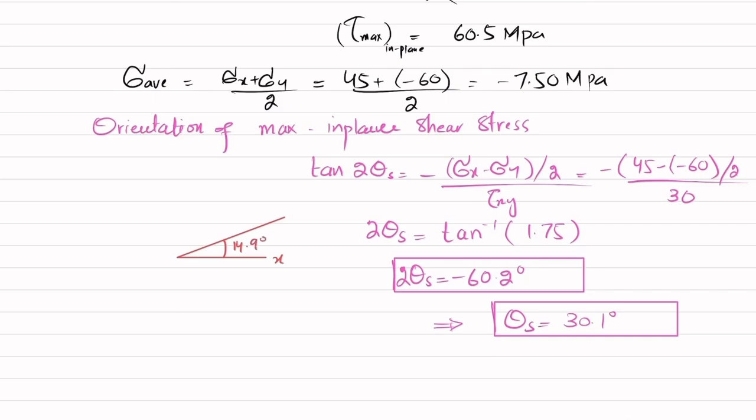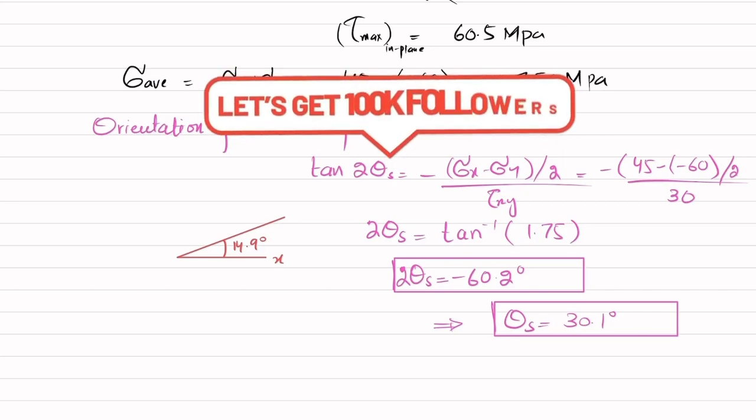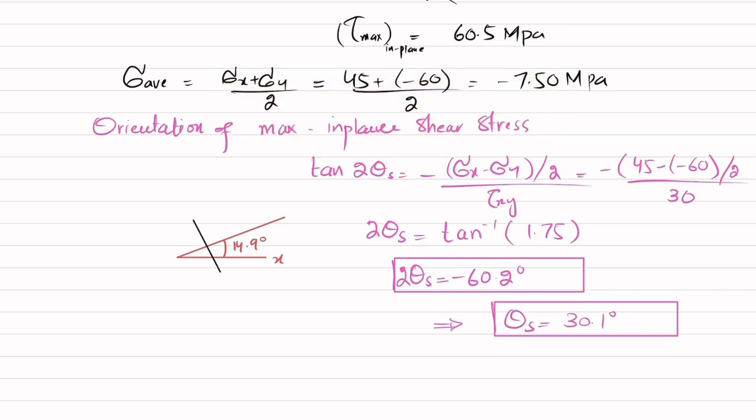So 14.9 degree, and your element, the face was perpendicular to this. Clear? It will be like that, and this was your other face, and you can see you have theta s, which is 30 degree. So this is theta s1, which is 30.1 degree.